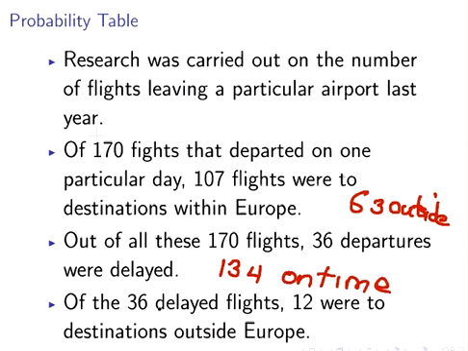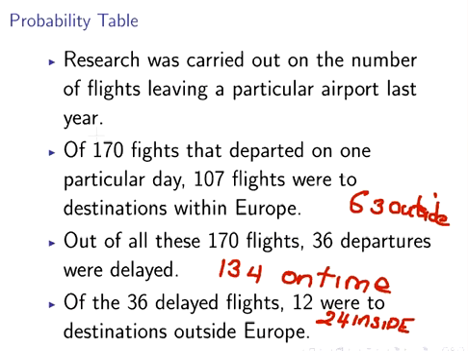Of the 36 delayed flights, 12 were to destinations outside Europe. So that means 24 inside Europe. As a skill to build up, you just remember that there's additional information there.